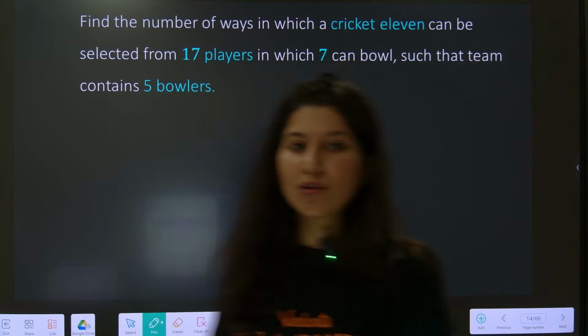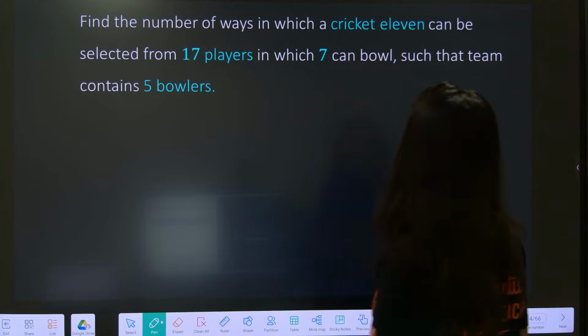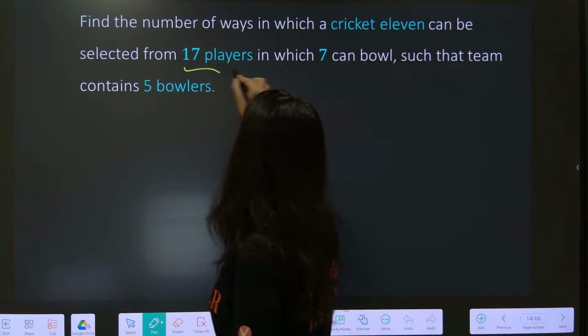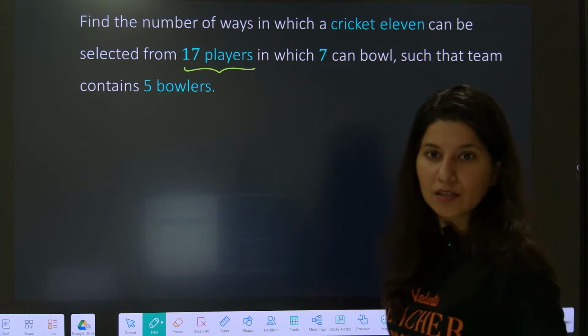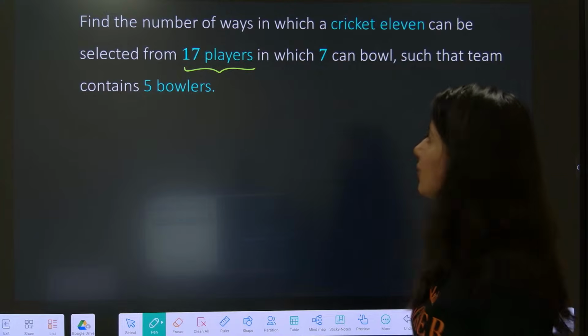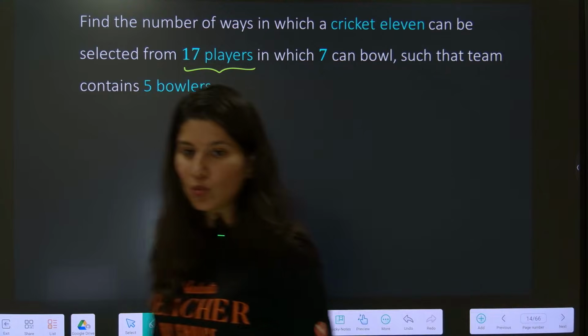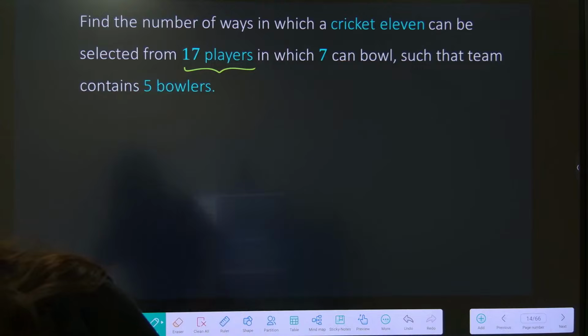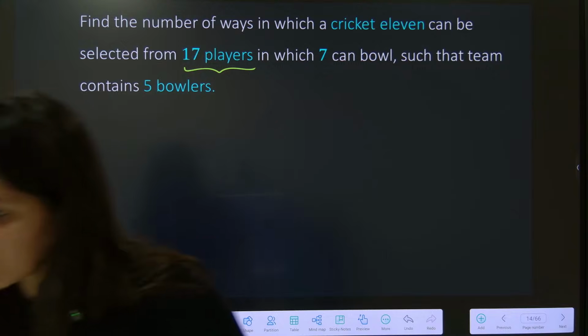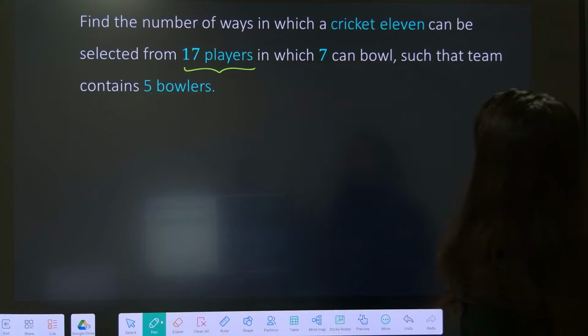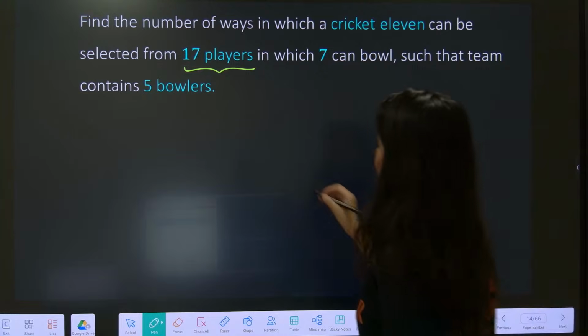Find the number of ways in which a cricket 11 can be selected from 17 players, in which 7 can bowl, such that the team contains 5 bowlers.